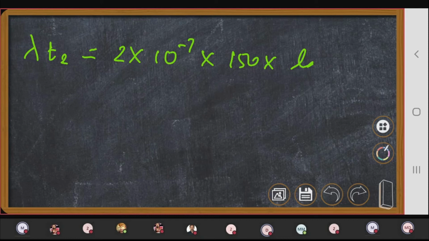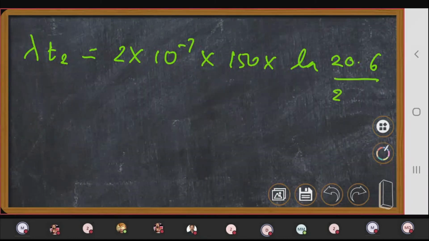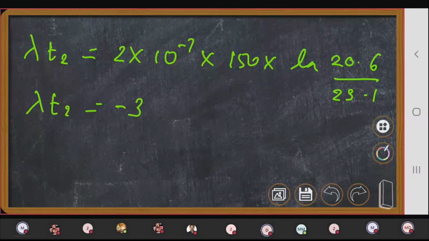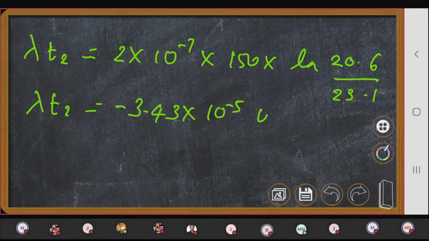From B to T2 you have 20.6, and the total distance is 23.1, so 2.5 plus 20 plus 0.6. So the flux linkage with respect to T2 is minus 3.43 into 10 power minus 5 Weber turns per meter.